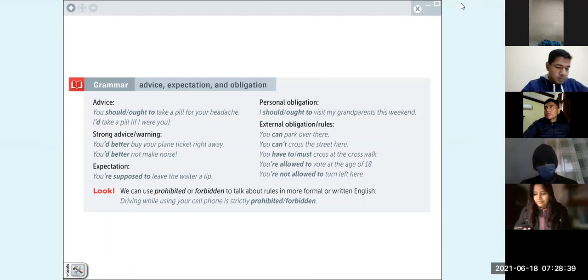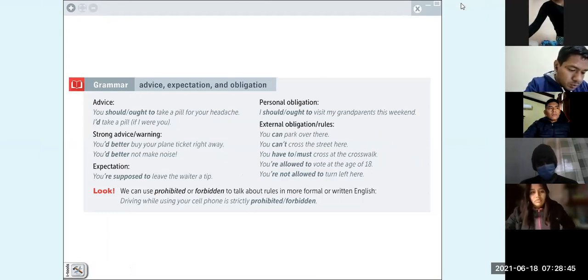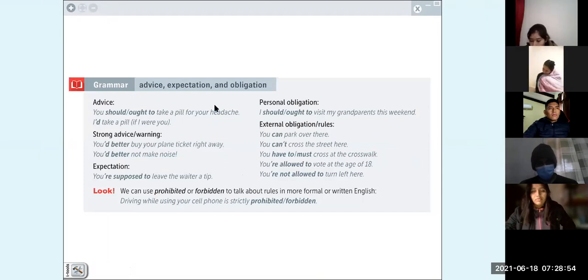You should ought to take a pill for your headache. Okay. You should or you ought to take a pill for your headache. So we can use should or ought to when we want to give advice.